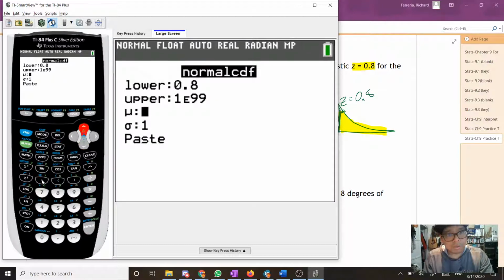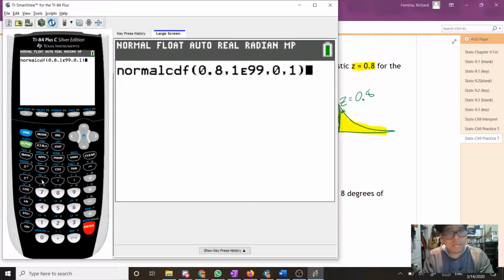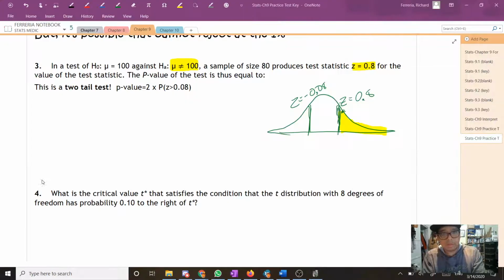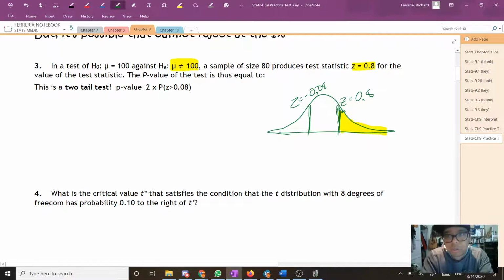Important also, if we're doing this with a z-score, the mean is always 0 and the standard deviation of a z-score is always 1. Paste, hit it, 0.2119. So this area right here is 0.2119.